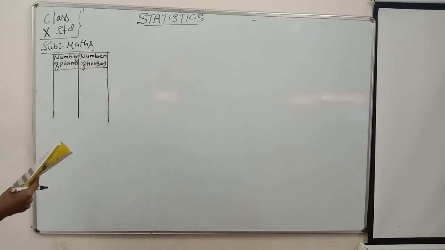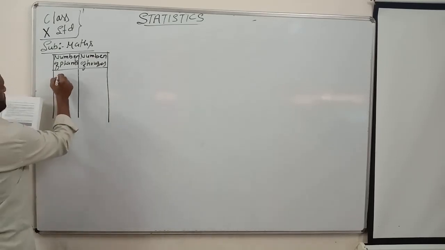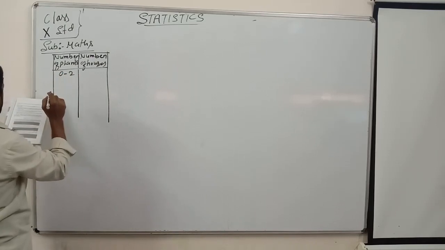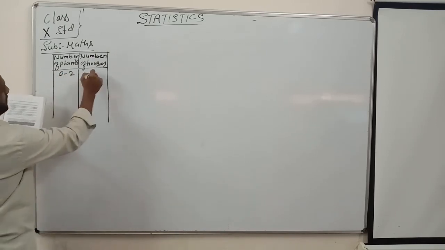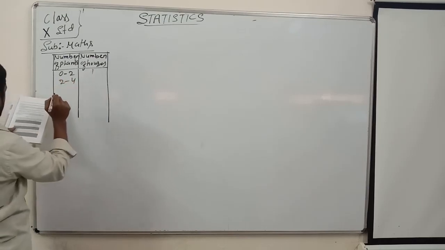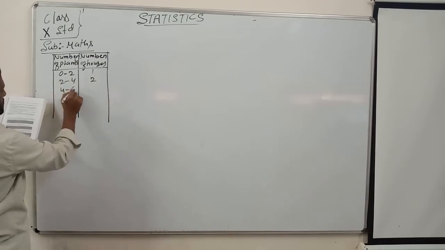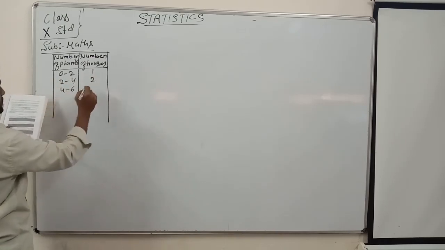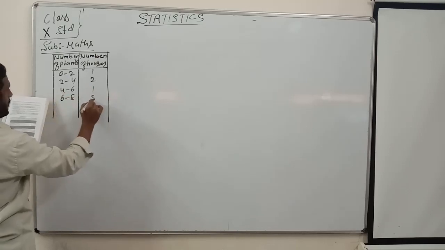In each house, how many plants are there? 0 to 2 plants: how many houses have 0 to 2 plants? One house. Again 2 to 4 plants: how many houses? 2. Again 4 to 6 plants: one house. 6 to 8: 5 houses.